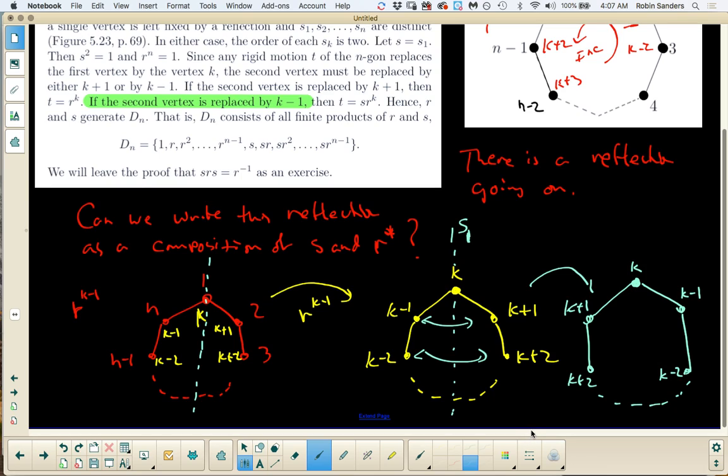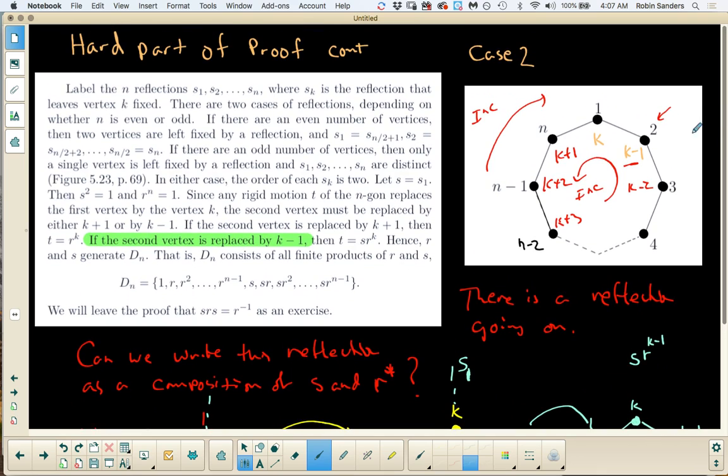And so what we find is that this case 2 picture is nothing more than r to the k minus 1 followed by s. So in other words, when we look at the case 2 picture, we're looking at r to the k minus 1 followed by s.